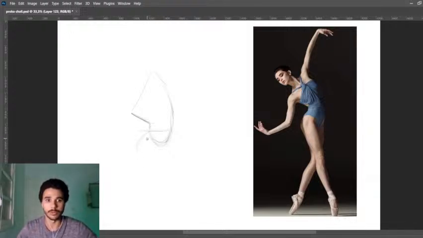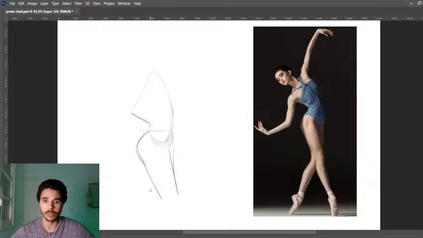Oh, but no, wait. That's not it, is it? No, that's it. Right? And then this one actually, what happens is we have this and this right here. It's a straight line.